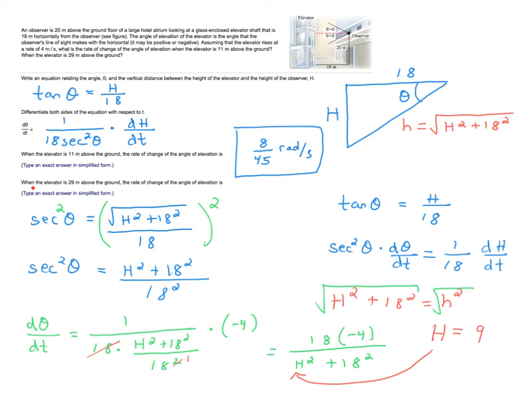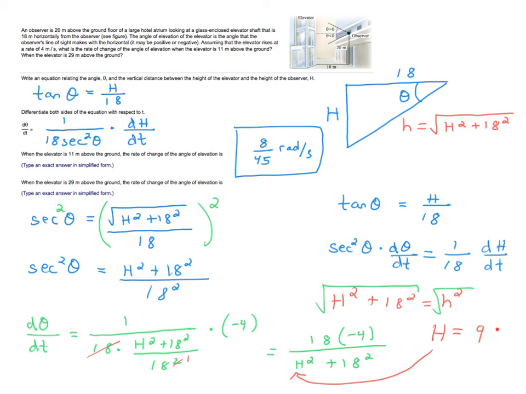Now for the next part, when the elevator is 29 meters above the ground, so that would be 9 meters above this spot here. It turns out for this part you'd have to figure out what h is, but if you're 9 meters above, you're still using h equals 9 in this very same expression.